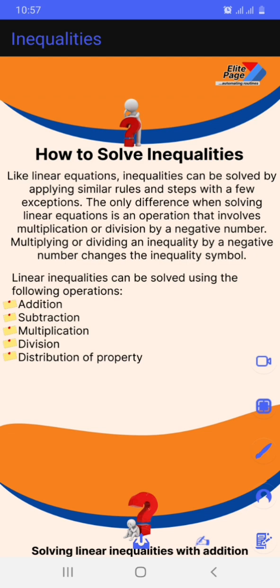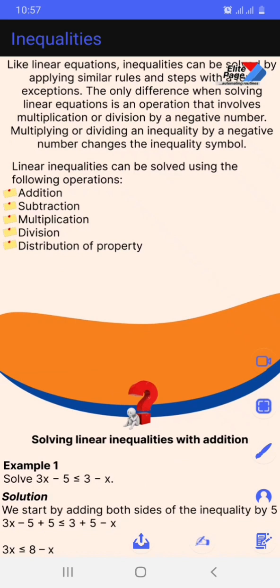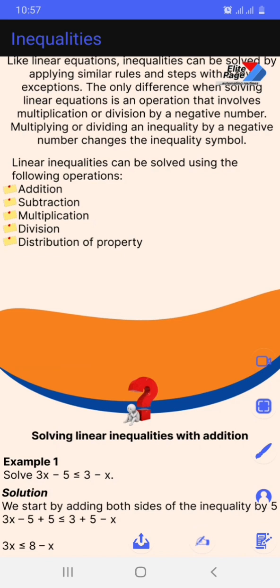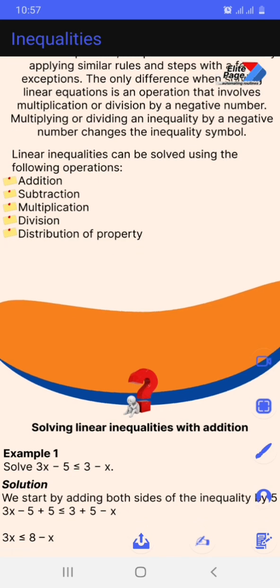Multiplying or dividing an inequality by a negative number definitely changes the inequality symbol. To this regard, we shall be considering a number of operations ranging from addition to subtraction, multiplication, division, and lastly, distribution of property, which is also regarded as expansion.